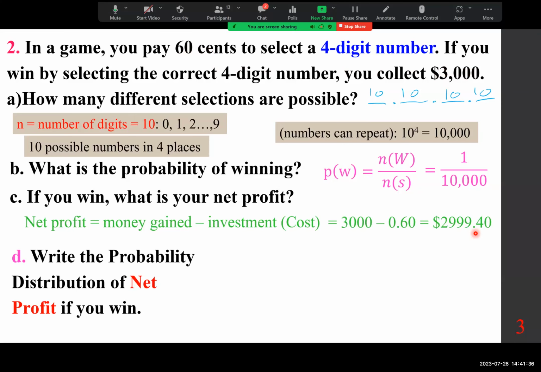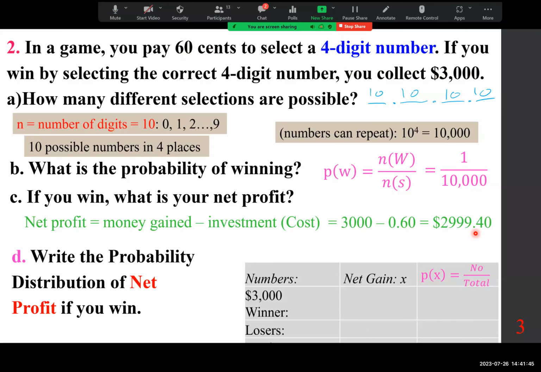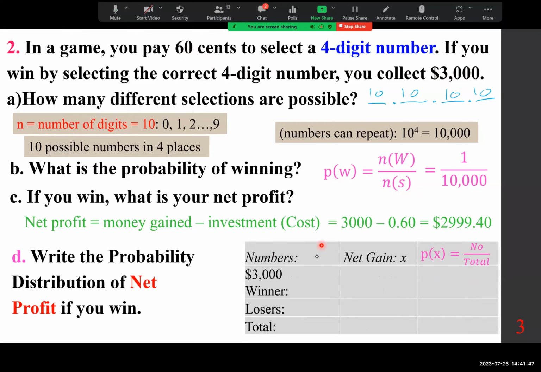Write the probability distribution of net profit if you win. Well, here are the numbers. $3,000 if you're a winner, otherwise losers, and the total. So how many can win? There's only one of them.